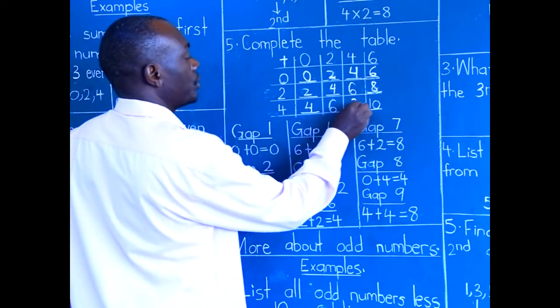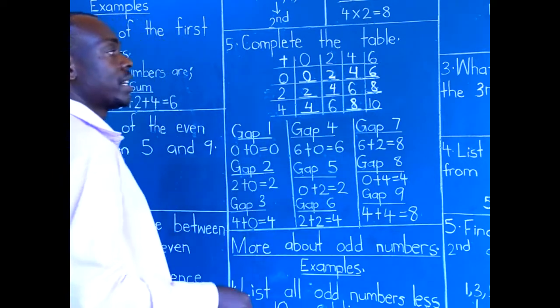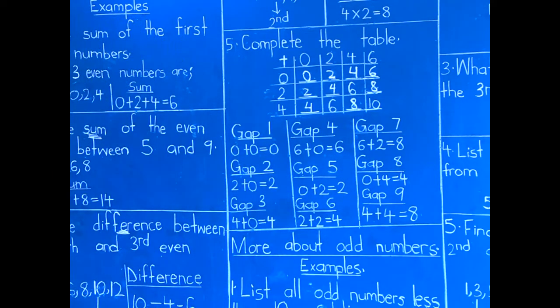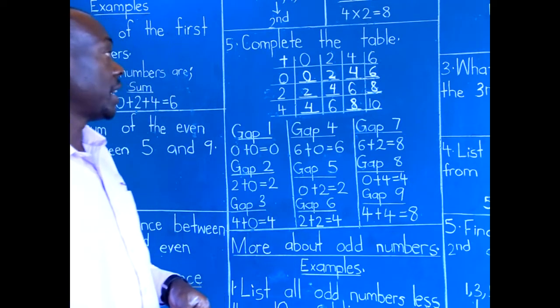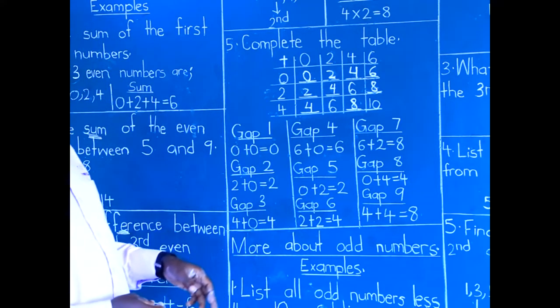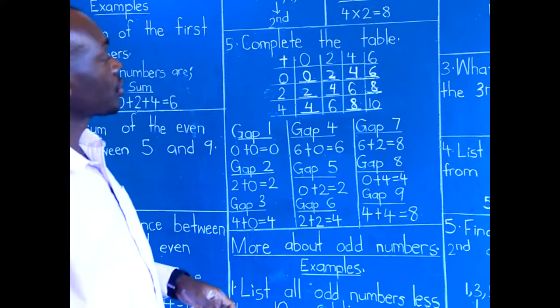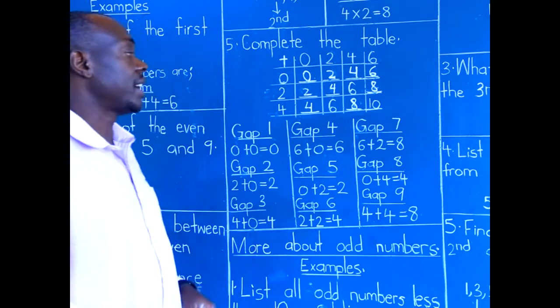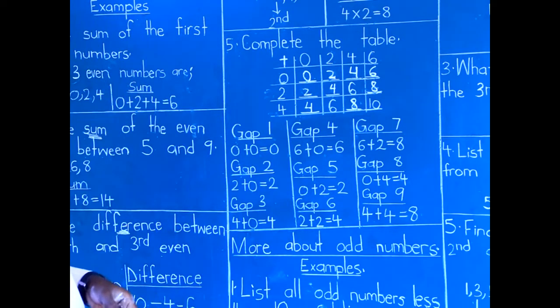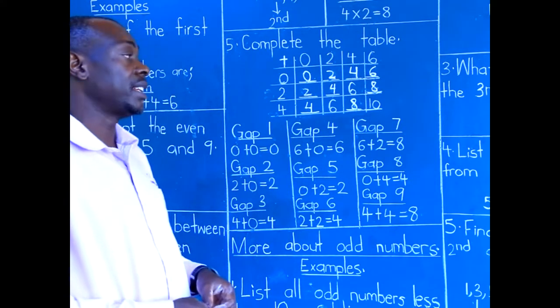That's how we do addition. Now, what are we realizing? In our addition of an even number with another even number, we are realizing that an even number plus an even number gives an even number. So all these answers are in line with 0, 2, 4, 6, 8, 10, such things.